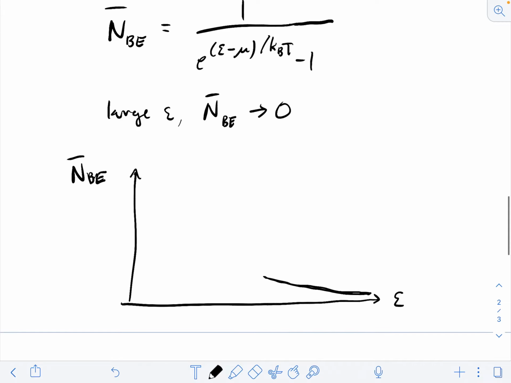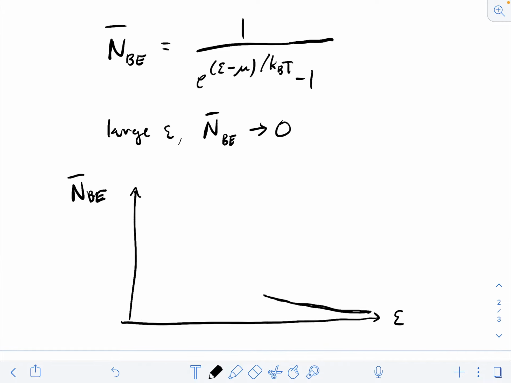Okay, and so it turns out that this quantity epsilon minus mu for bosons can't go negative. And so that means it can approach 0. If we go to low energies, so that epsilon minus mu approaches 0, then we get e to the 0, which is 1, and in the denominator we get 1 minus 1, which is close to 0, so we have 1 over something close to 0, or a very small number, and so this occupation number diverges.